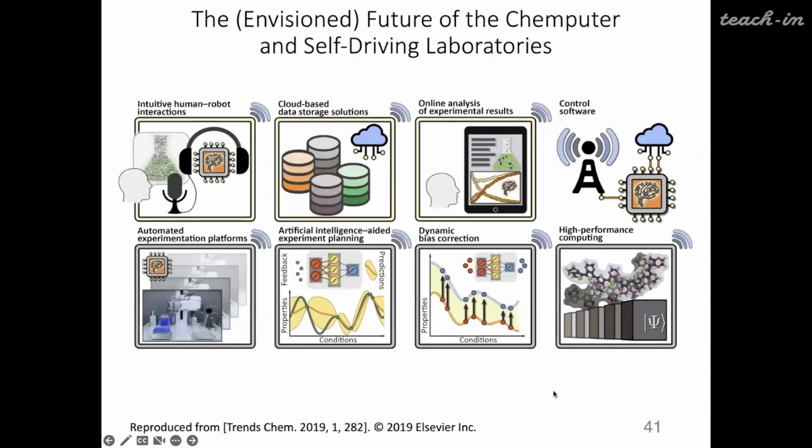So there are several proposals for how the community can develop self-driving laboratories, and there are proposals to use cloud-based data storage and design online analysis platforms.